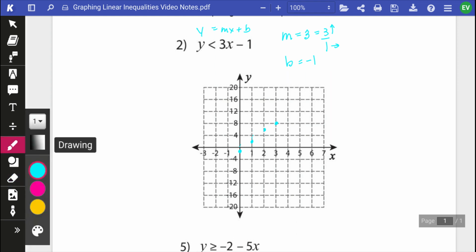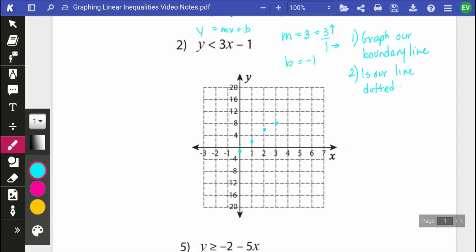The other thing that we need to pay attention to: the first thing that we're going to do is graph our boundary line. The second thing we're going to do is decide if our line is dotted or solid. And that's easy enough.